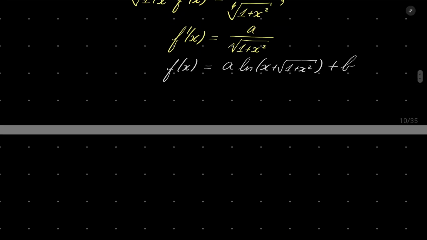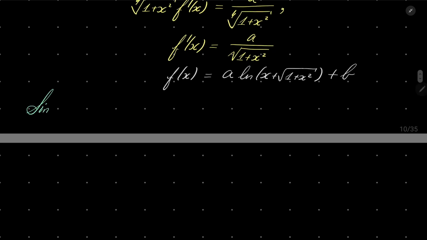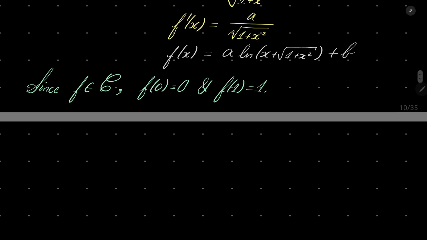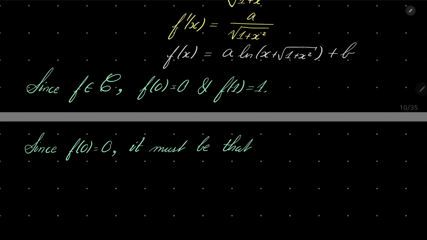Well, remember, since f should be in our class C, f of 0 should be 0 and f of 1 should be 1. So now we have two equations and two parameters a and b, so we can compute them. If I plug in 0, since f of 0 is 0, it must be that b equals 0.